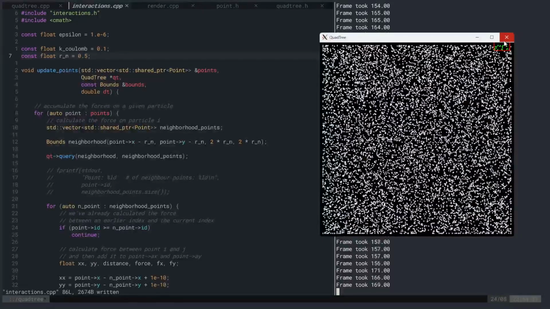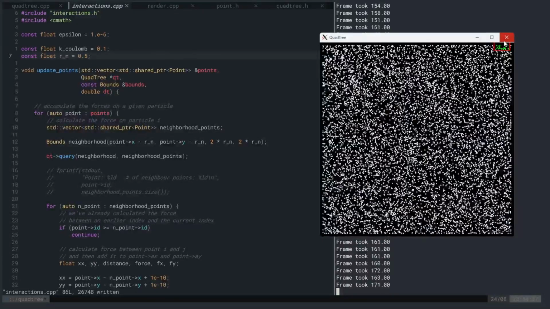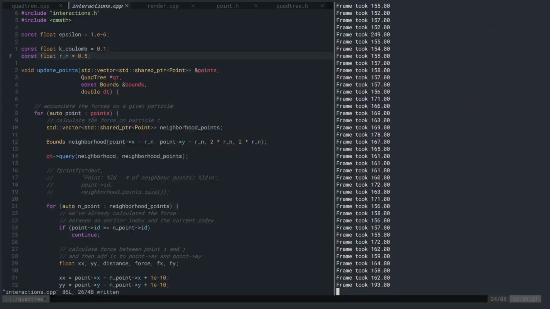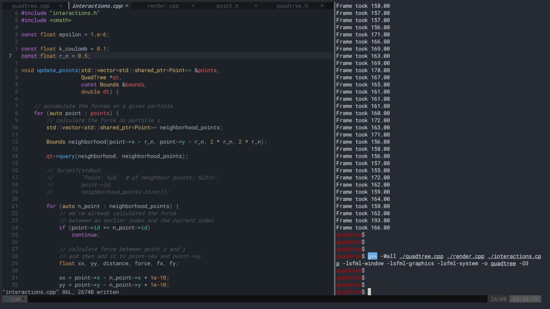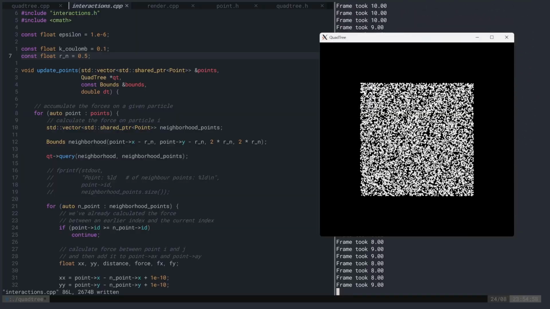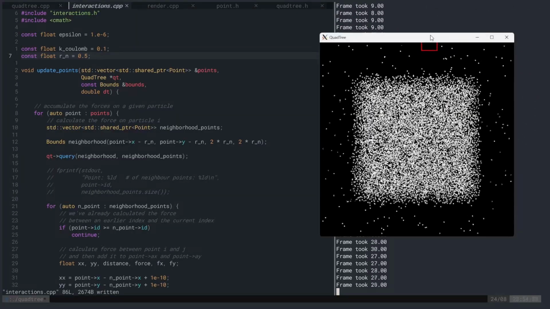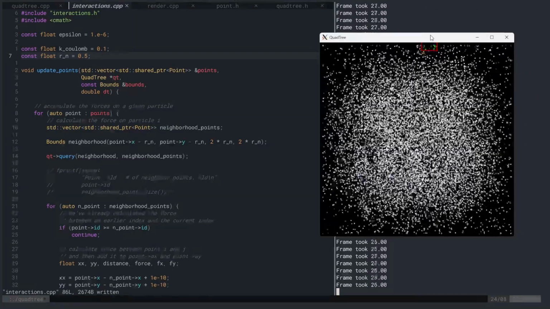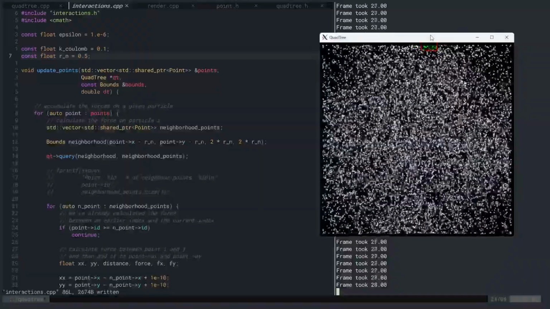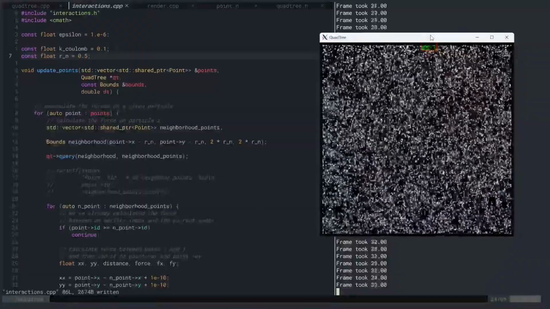We can do a little bit of optimization, because we haven't been using any sort of optimization in our compiling. Here, as I'm compiling this, I can also add in O2 or O3, which is second and third order optimization. If I run the same thing again, you can see that we're now running crisp and smooth at 30 frames per second.